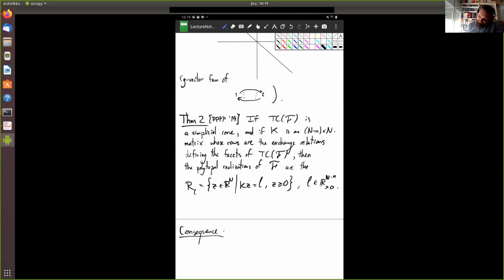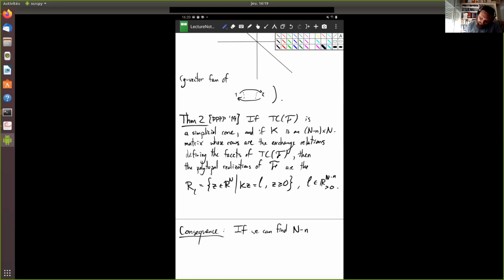If we can prove that the type cone is simplicial, then we can use this theorem and describe all polytopal realizations. But proving that the type cone is simplicial is just saying that we can find precisely big N minus small n. Big N is the number of rays, small n is the dimension of the space where the fan F lives.